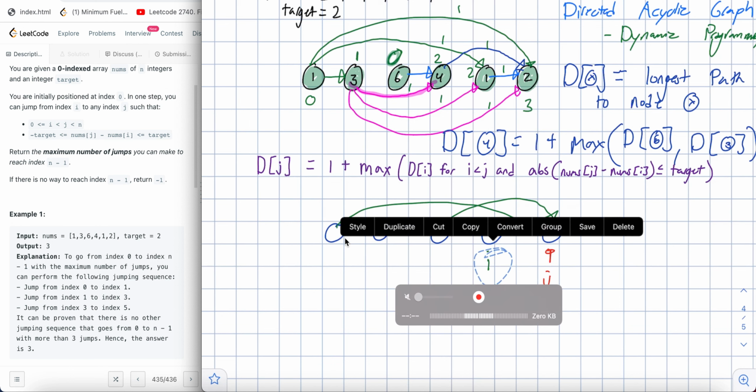The idea here is, since we're doing things in order, we start at the left and move over, so for any D of j, when we look at things that are less than it, D of I, we've already solved that system.